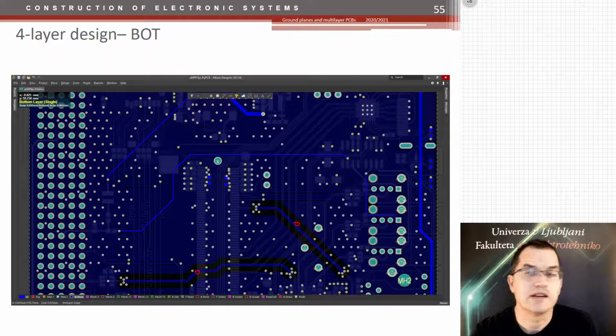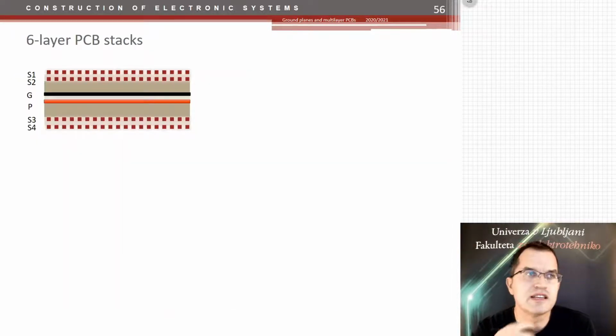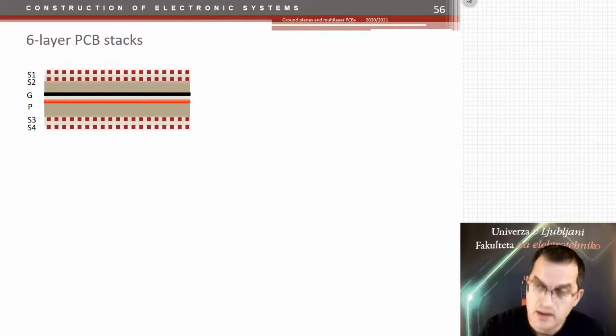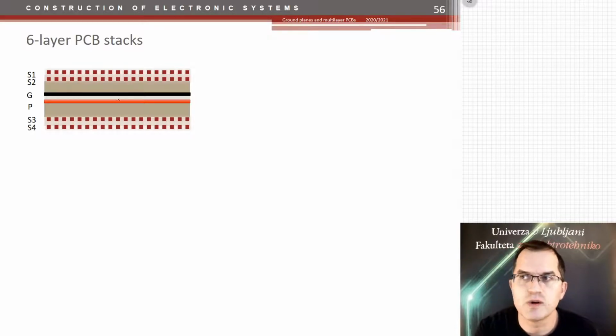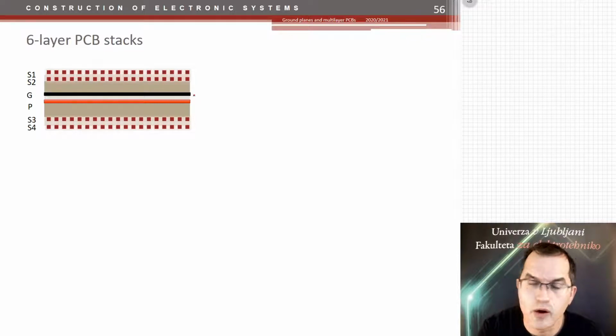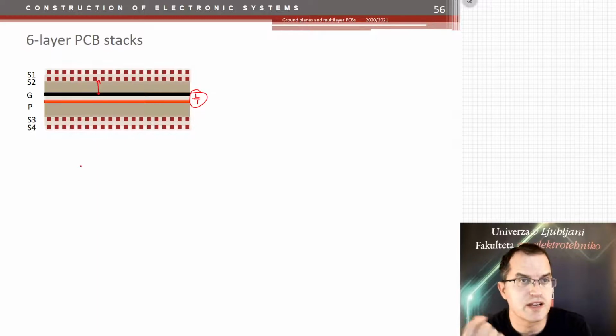Let's go to 6 layers now. The simplest 6 layer will be that. And you already see what is wrong with it, I hope. The only good thing about this 6 layer PCB is the capacitor here, which is a very nice capacitance between ground and power. But all the rest is bad, because the distances are too large. So your loop sizes do not minimize as much as they could.